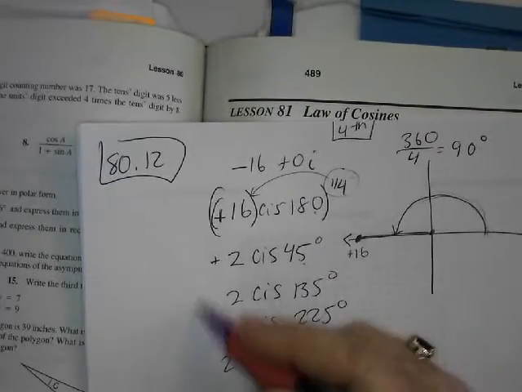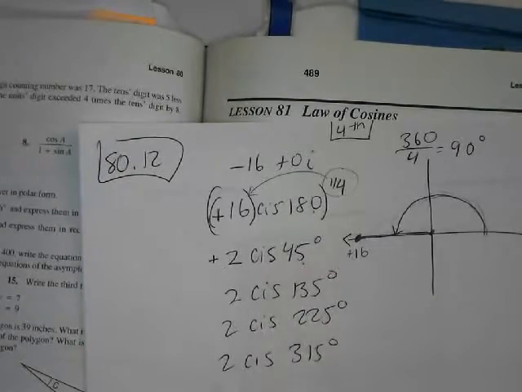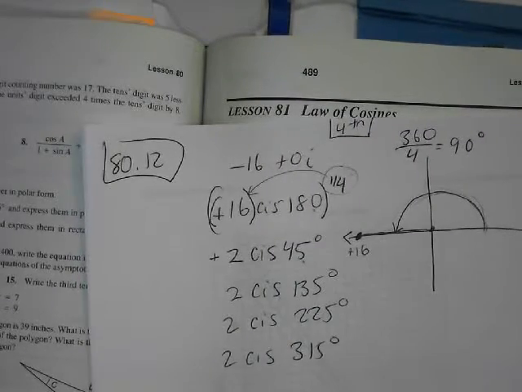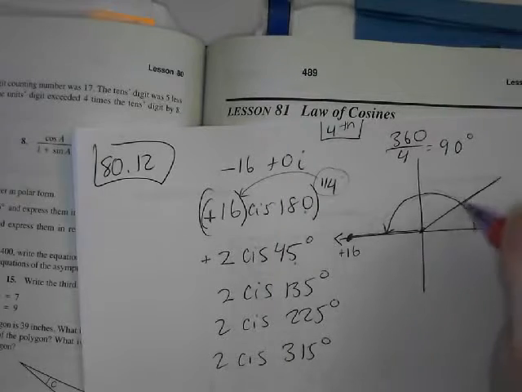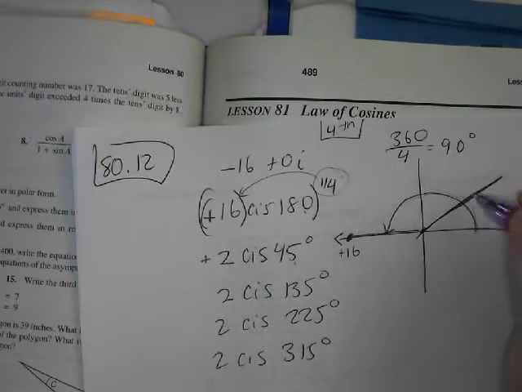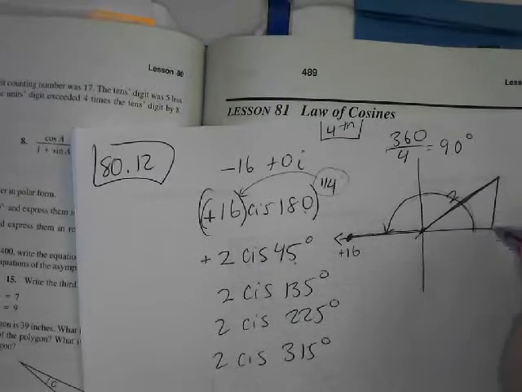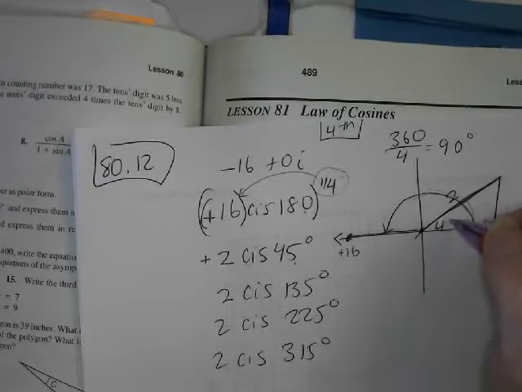Now that we're feeling all happy about it because we think we're done, but we have to put them in rectangular, don't we? They want them in rectangular. Yay! Alright, so we can do that. So what's rectangular for 2 cis 45? Well, that would be right here, 45, and that would be 2, and that's 45.